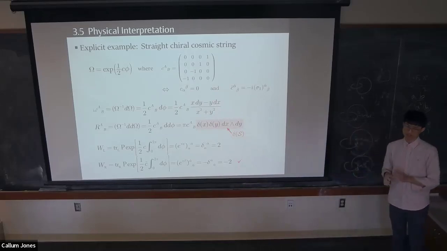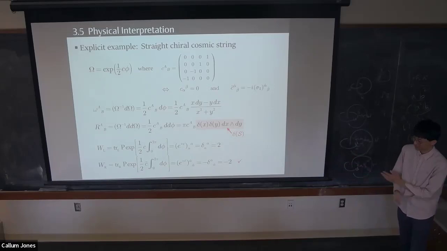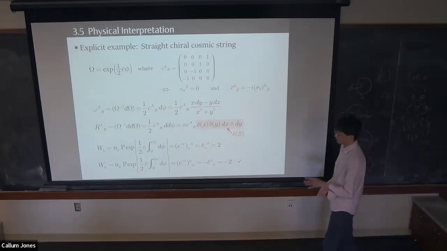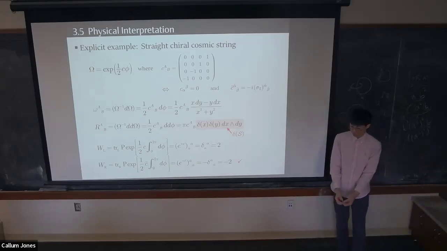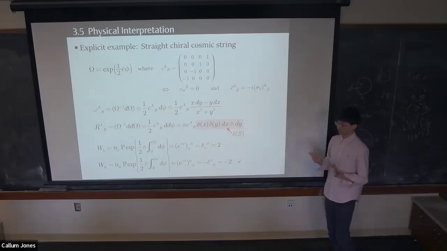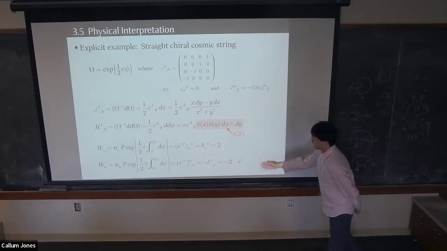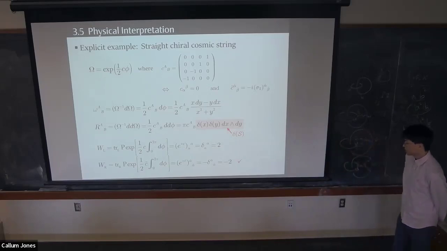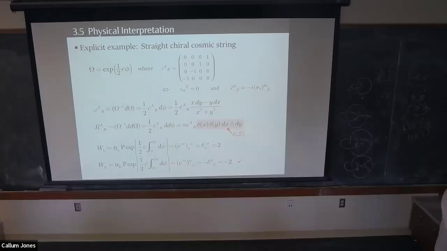Why did this happen? Because we worked in the formulation where color and kinematics, like the spacetime and internal, are vectored off. So they are completely independent, which is very different from the usual cosmic string. For the usual cosmic string, the angle deficit will be only in the plane transverse to the string. But here, the two directionalities are completely independent. So you can explicitly compute the spin holonomies and verify that only the right-handed spin holonomy is transformed.